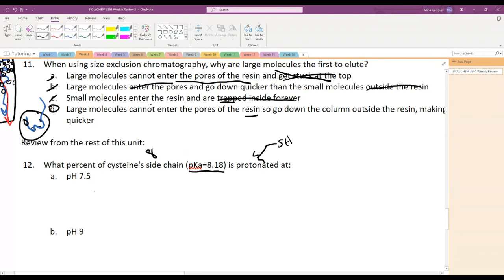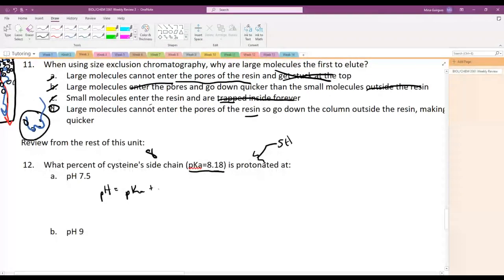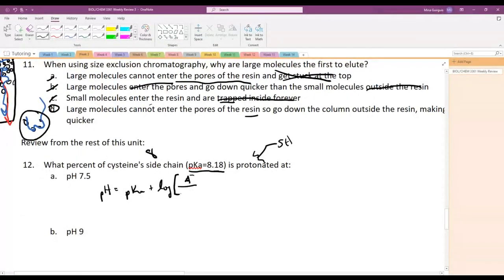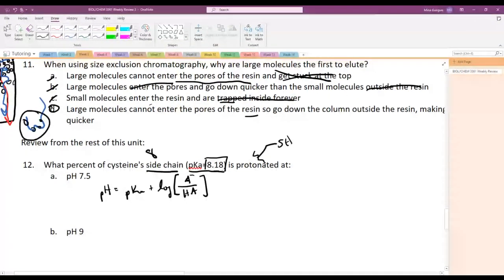So the way that I like to set this up is using the Henderson-Hasselbalch equation. This is probably my favorite equation: pH equals pKa plus the log of the conjugate base, that's A minus, over the acid. Okay, so I'm just going to pause for a moment and go through this. pH is obviously pH. pKa is the pKa of the specific thing we're looking for, which is the side chain, so it's 8.18. Awesome, we have both of those.